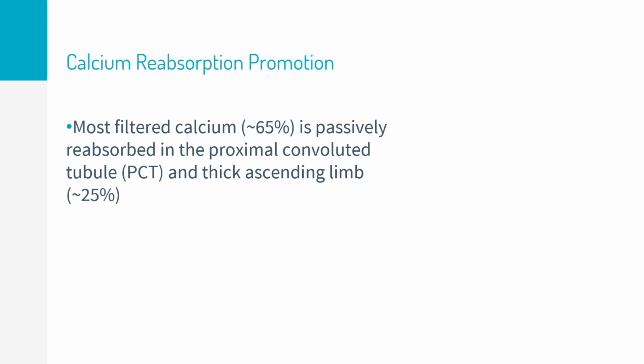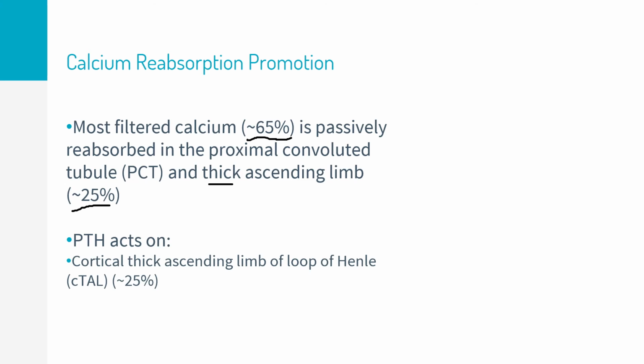Okay, you guys should know that most of the filtered calcium, about 65%, is passively reabsorbed in the PCT, or the proximal convoluted tubule, and about 25% in the thick ascending limb of the loop of Henle. So the parathyroid hormone acts on the cortical thick ascending limb of the loop of Henle and the distal convoluted tubule.